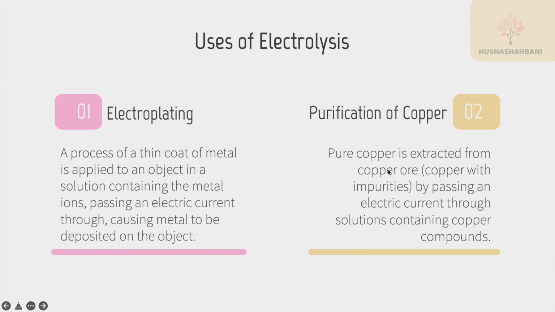If you want to remove the impurities in the copper ore, you undergo purification of copper by using electrolysis. How? By passing an electric current through a solution containing copper compounds. You use the electrolyte that has copper in it. That's how you produce pure copper, by removing the impurities in the copper ore.